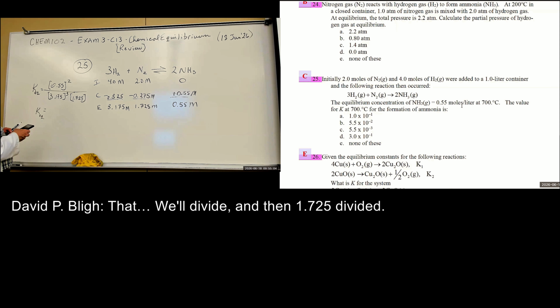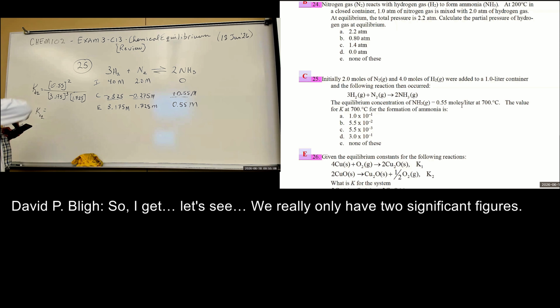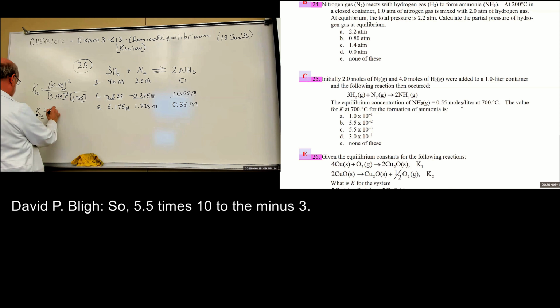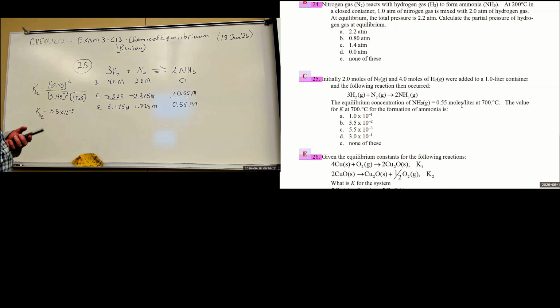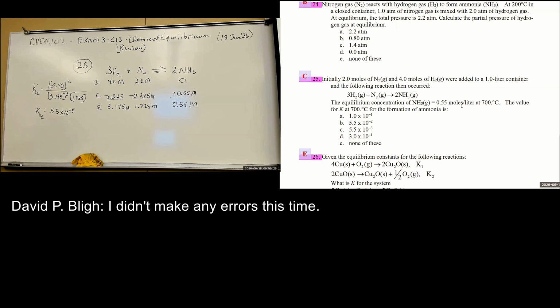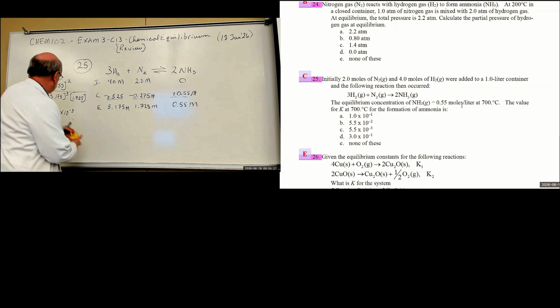That would divide, and then 1.725 divide. So I get, let's see, we really only have 2 significant figures. So 5.5 times 10 to the minus 3. Yep. I didn't make any errors this time.